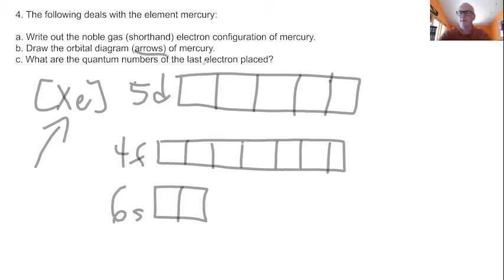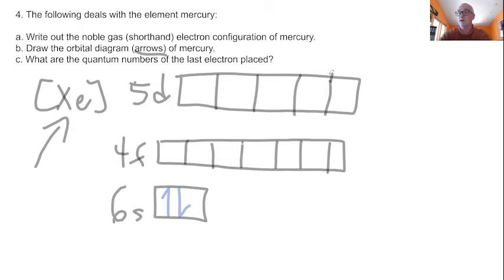Wait, I made a mistake here. This should only have one box, right? This is an s, there's only room for 2. Each box has room for 2 electrons. And remember, the first one that goes in always points up, and then the second one that goes in always points down.